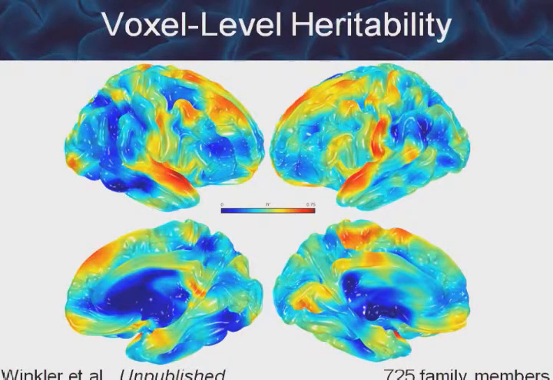Right? Now, one of the big points that we have here is that almost everything in cortex is actually heritable at some level. So then we might want to make inferences about what areas seem to be more or less heritable, or what areas seem to fall together in something like a multivariate analysis.